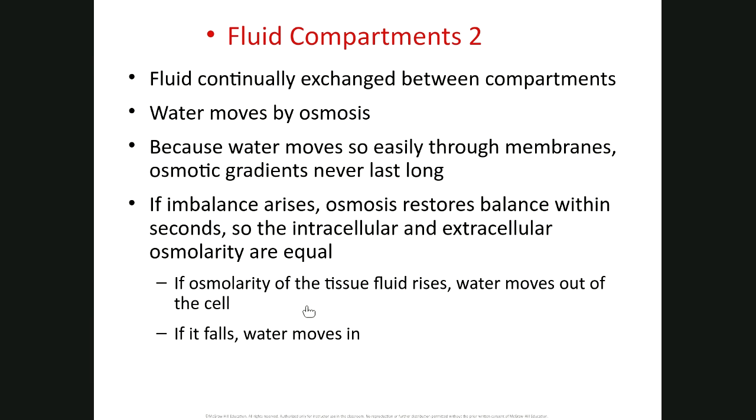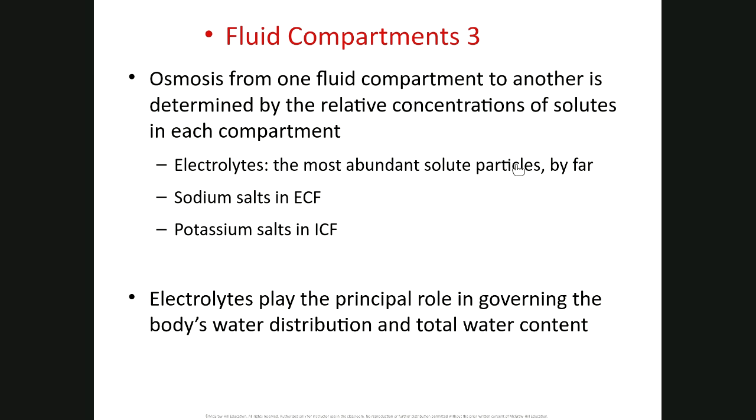If the osmolarity of the tissue fluid increases, water moves out of the cell to satisfy where there's less water. If it falls, and the inside of the cell increases, water will move in. So water always tries to balance itself.